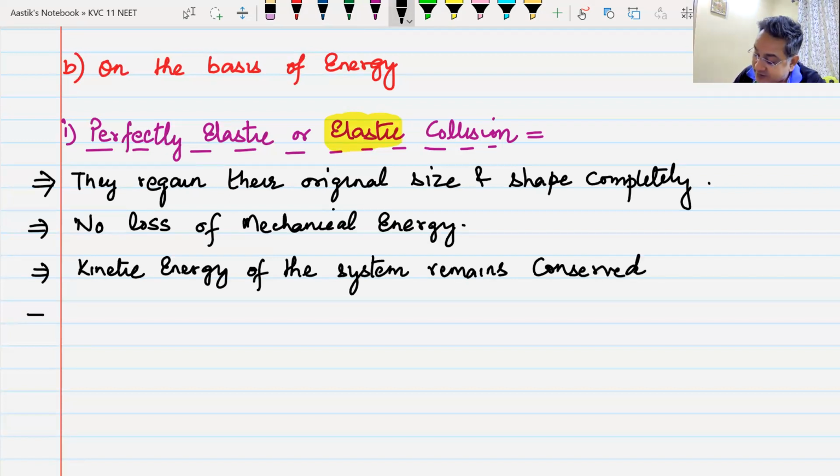What do you mean by kinetic energy of the system remains conserved? Final kinetic energy becomes equal to initial kinetic energy.